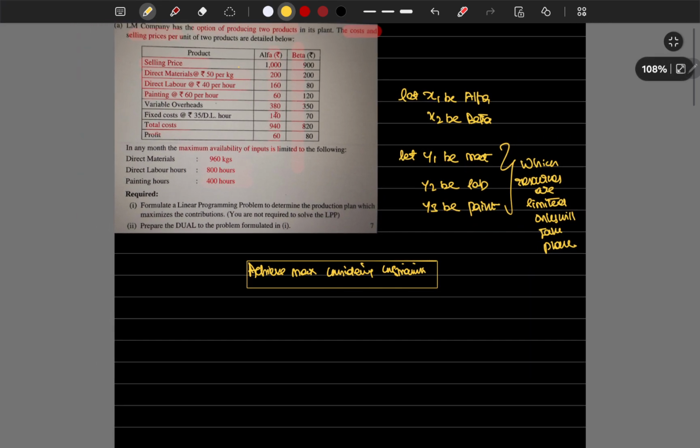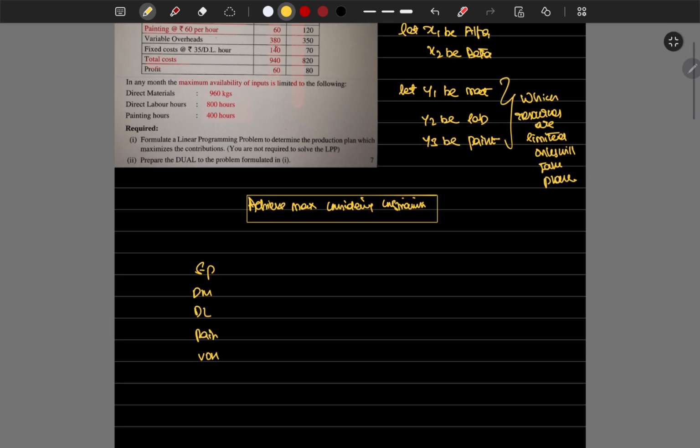Now we have to find out the usage of direct material per unit and usage of labor hours per unit for both the products, alpha and beta. Selling price, direct material, direct labor, painting, and variable overheads are all variable costs, and this itself is enough for contribution.